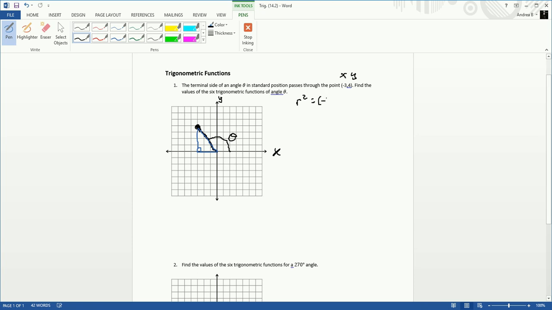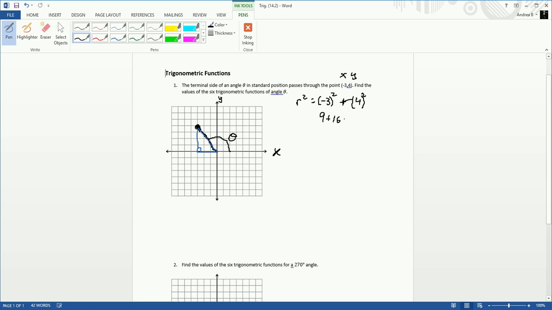So the -3, make sure to put that in parentheses, squared, plus 4 squared. Since the 4 is positive, you don't necessarily have to put that in parentheses, but if it is negative, definitely put parentheses around it, otherwise you're going to get a different answer. So here we've got 9 plus 16.